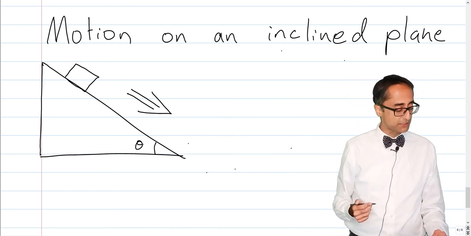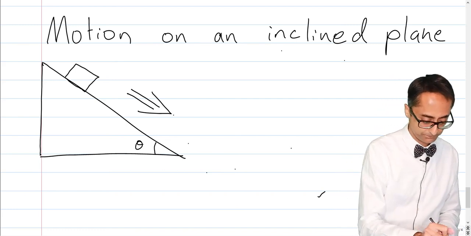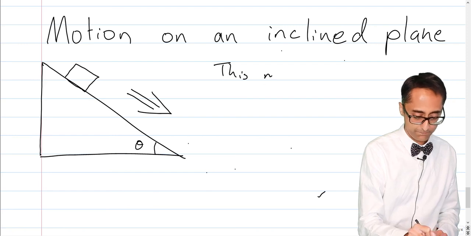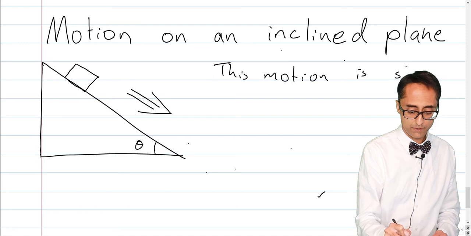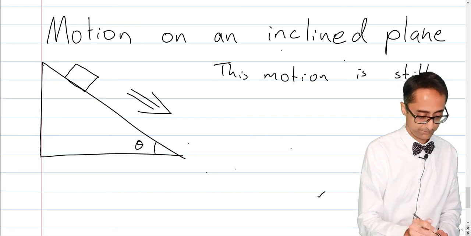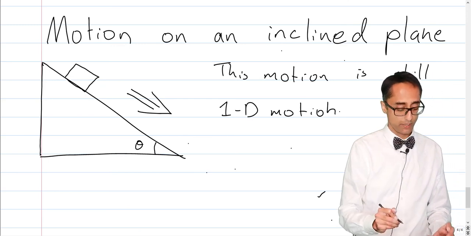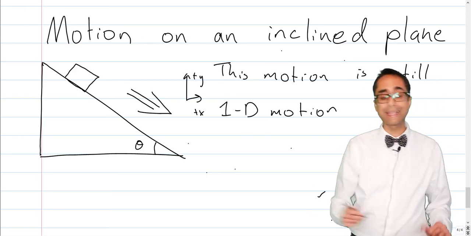And so please note that this motion is still one-dimensional motion. It looks like it's moving in 2 dimensions. If you put your axes in our typical y and x way, yeah, absolutely.